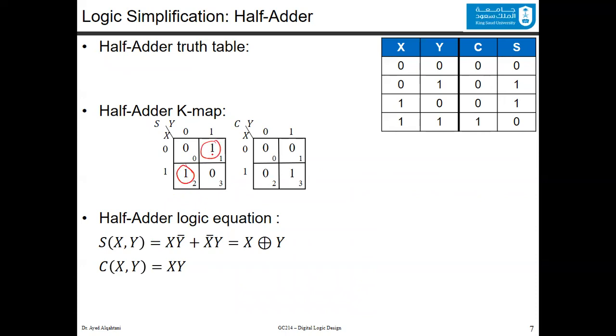So either you say that this one is X XOR Y from the truth table, or you would say that this one is X bar Y or X Y bar. Similarly, for the carry, you have only this one, and this one is X and Y. These are the half-adder logic equations.